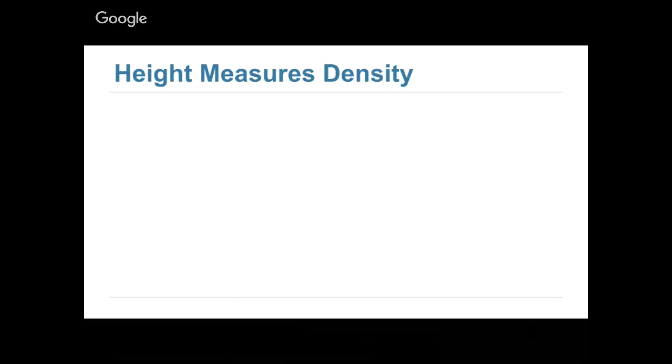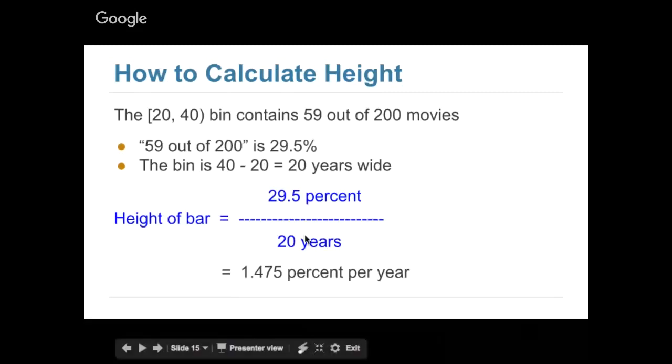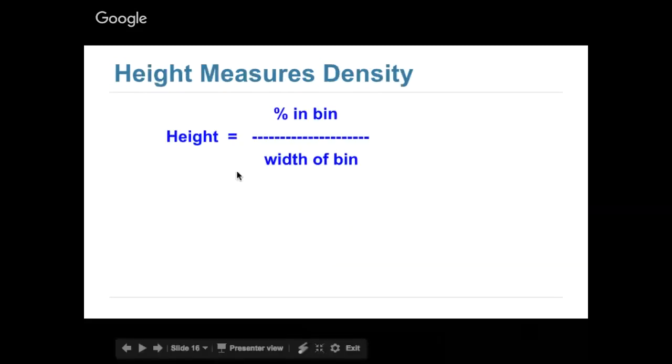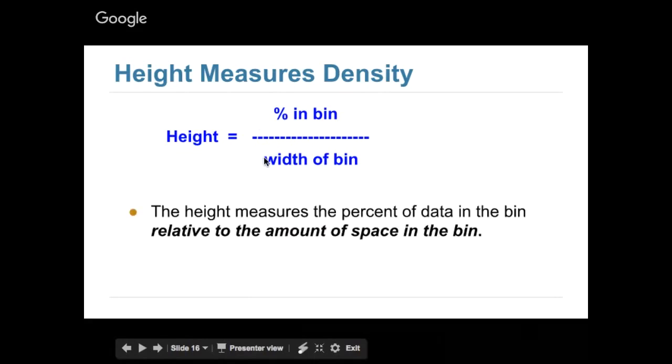This bar contains 20 years. Every time I step forward by 1 year, I get about 1.475% of my total movies. I step forward another year, I get another 1.475%. So on average, in that bin of 20 years, I have 1.475% for every year. So it measures the density. Again, the formula is percent in bin divided by the width of the bin.